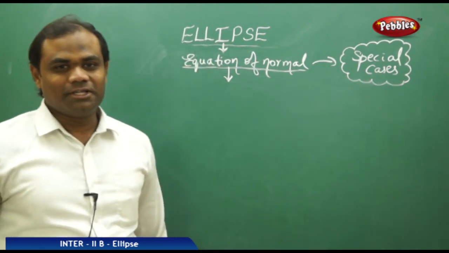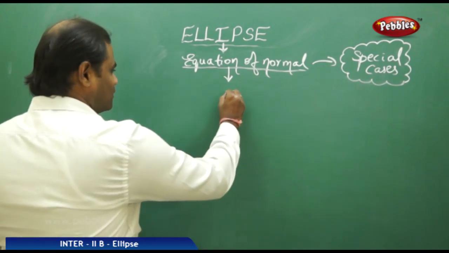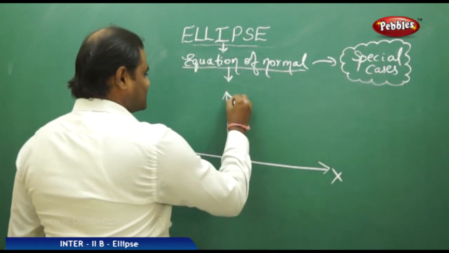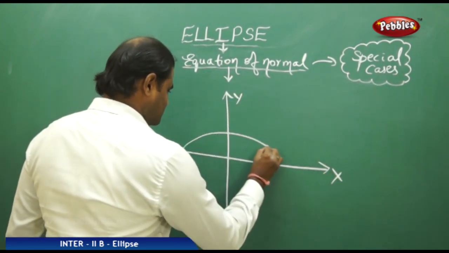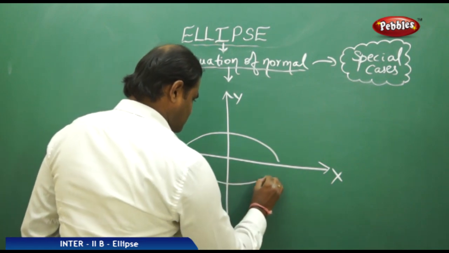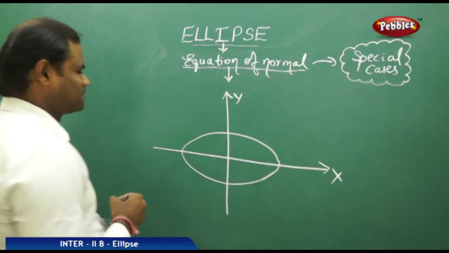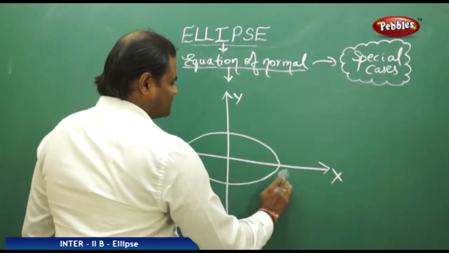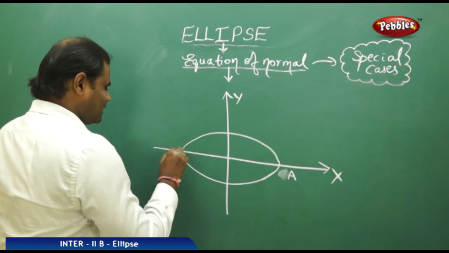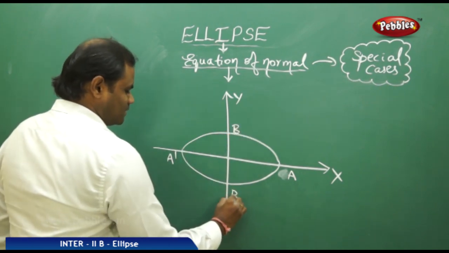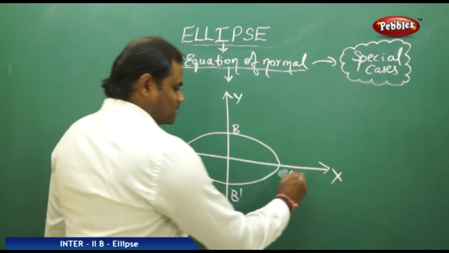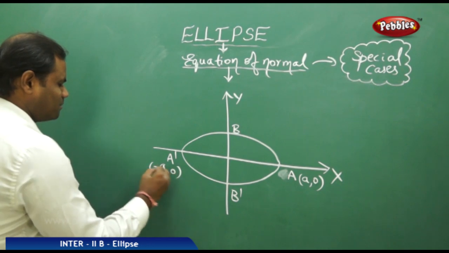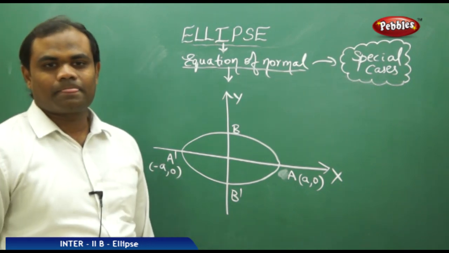Next, we see the equation of the ellipse. First, let's draw the standard ellipse here, with the x-axis and y-axis. For this ellipse, we know that the extremities are A, A dash, B and B dash, and the coordinates of A are (a, 0) and of A dash are (−a, 0).